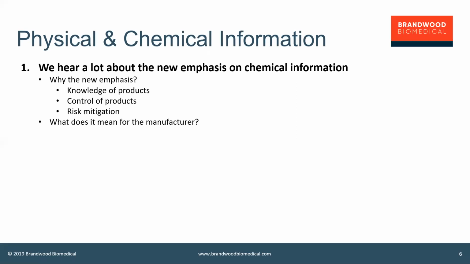And so clearly that's going to have some implications for the manufacturer. And indeed, in table A1, the very first column now is get your physical and chemical information for all devices. And the rest of the standard backs this up, basically saying, do this step first.